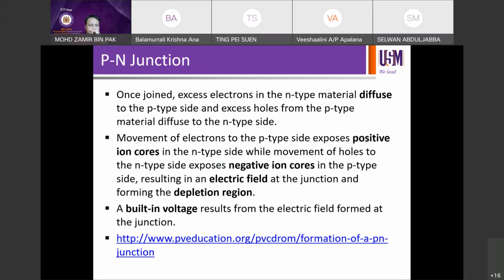Once joined, excess electrons in the N will diffuse into the P side. Excess holes in the P will diffuse into the N side. The movement of electrons from the N into the P exposes positive ion charges.